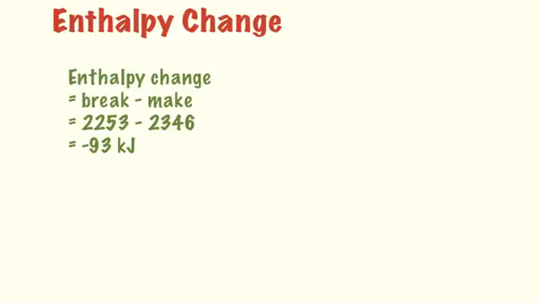In this case, the total enthalpy for my reaction is going to be equal to break minus make, which is 2253 minus 2346, or minus 93 kilojoules. So from that we know that the making of ammonia using the Haber process is exothermic.